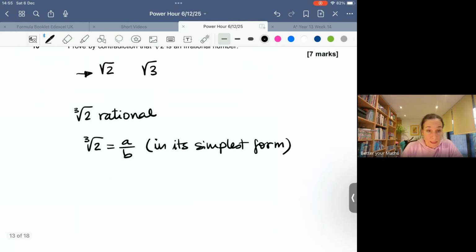What would be the working out? Probably cubing both things. So if I cube both sides, I will have this. That could mean that a cubed can be written as 2b cubed. And that will mean that a cubed is what type of number?